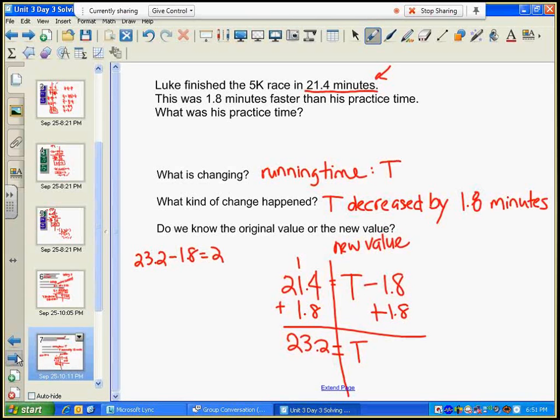Okay, let's do that subtraction. 12 minus 8 is 4. 2 minus 1 is 1. And 21.4. So I get 21.4 on this side, and I have 21.4 on that side. It checks out. So it's true. My time is 23.2 minutes.